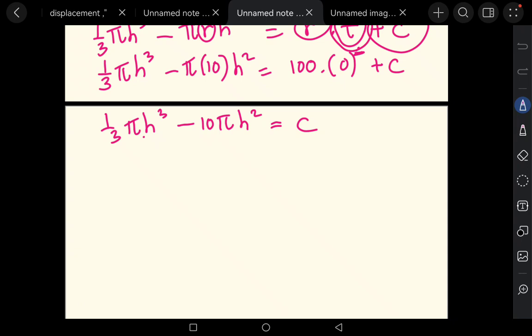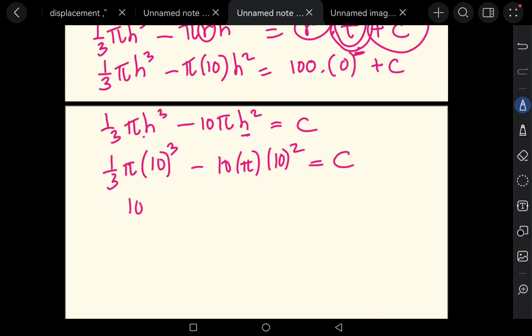So now we have, if the radius is already 10, insert. So now we have the C. 1/3 pi, the depth is 10 cubed, minus 10 times pi, the depth 10 square, equals C. So 1000 pi over 3 minus 1000 pi.